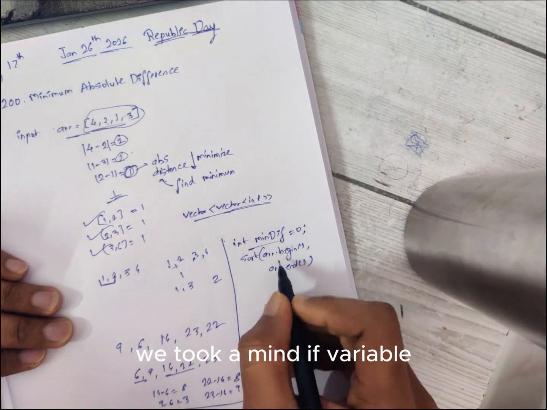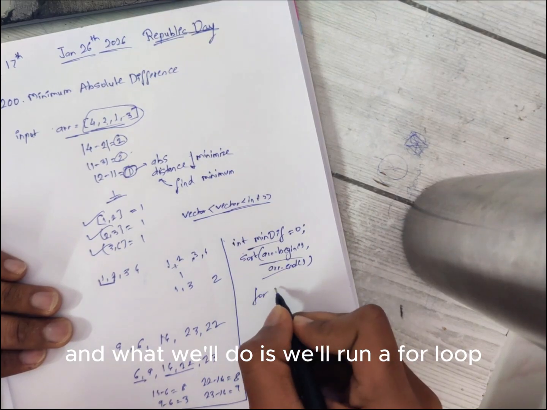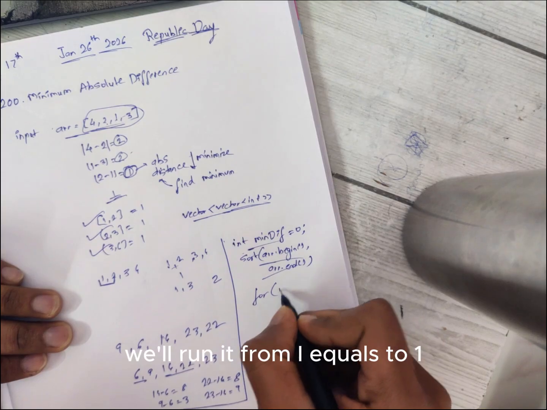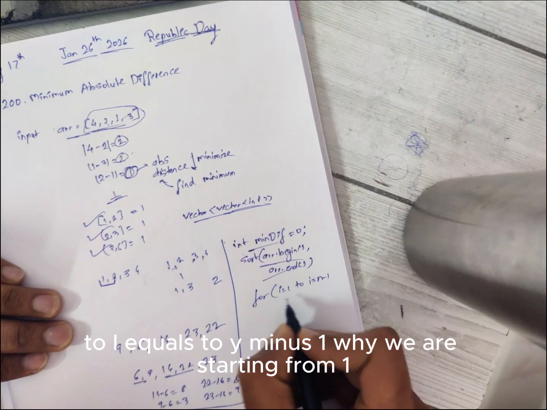We took a mindiff variable, we sorted the array, and what we will do is, we will run a for loop from i equals 1 to i equals n minus 1.